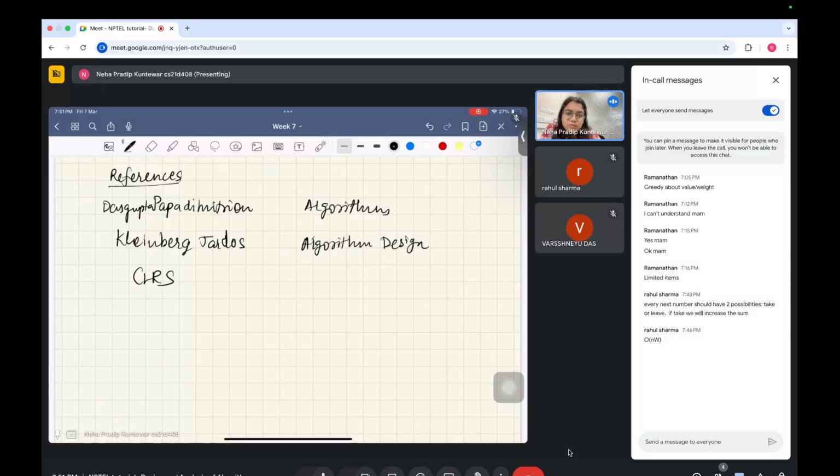Sometimes it may work, sometimes it may not. It can also happen that DP and greedy both work for the same problem. It can sometimes happen that greedy works but DP doesn't, or the other way around. But there are also problems where none of them work. Then you have to do something tricky to solve them.